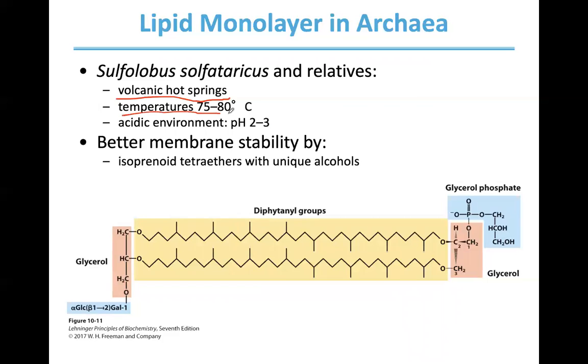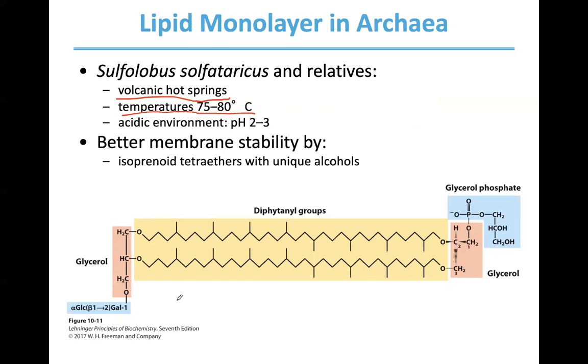So, those of you who like to think rather than memorize things, looking at the structure of this monolayer, obviously you've noticed that this is ether, not ester. Why do you think archaea evolved using ethers as opposed to esters for their cell membranes?